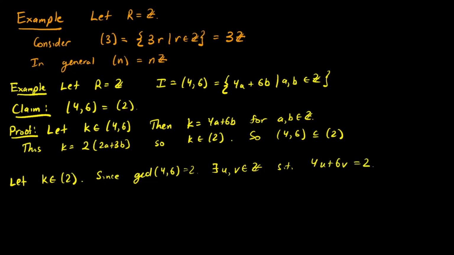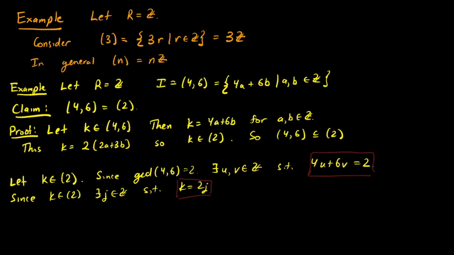Then, since k is in the ideal generated by 2, there exists some integer j such that k is equal to 2j. What I'd like to do now is put these two pieces of information together and show that k is a linear combination of 4 and 6. So how do I do that?